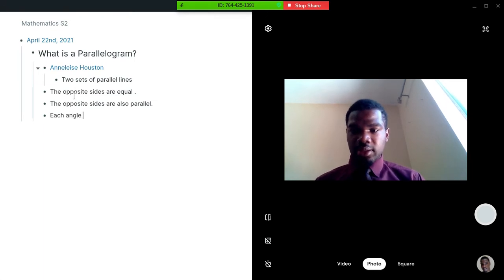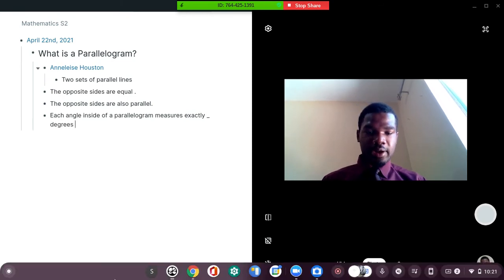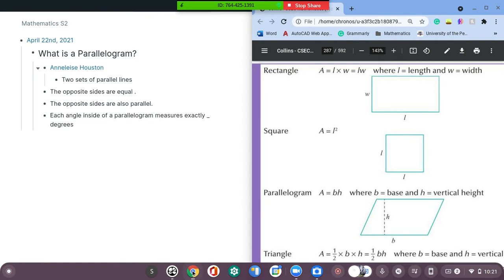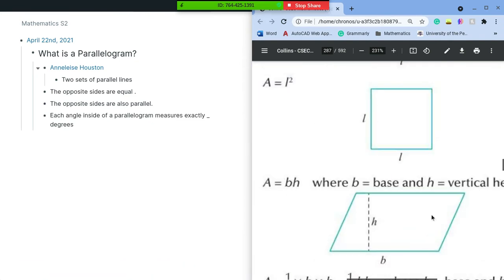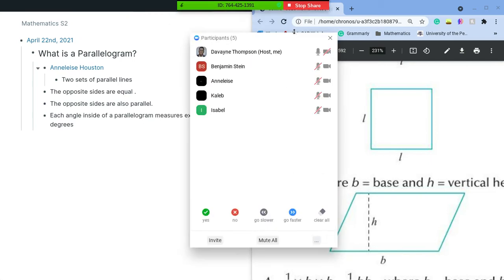Each angle inside of a parallelogram measures exactly dash degrees. I'm going to show the diagram again, and I want somebody to tell me now. For a square, how much did each side measure? 90 degrees.